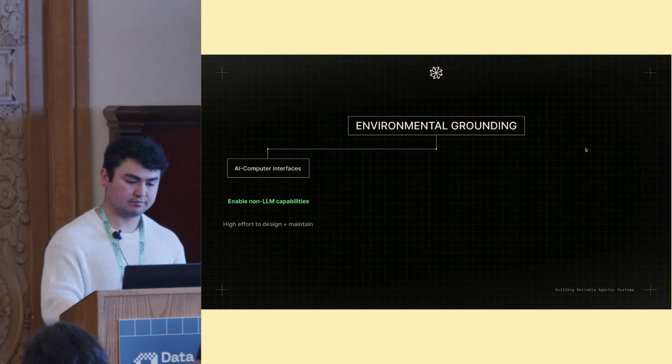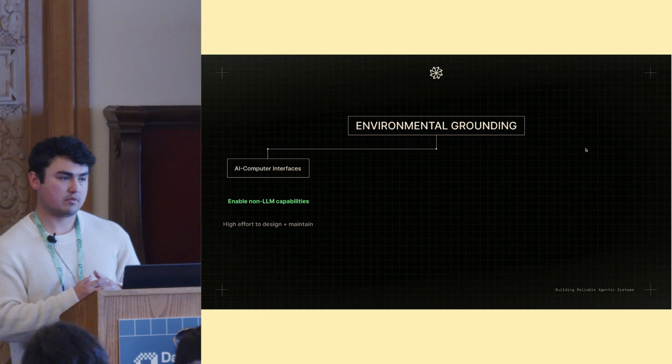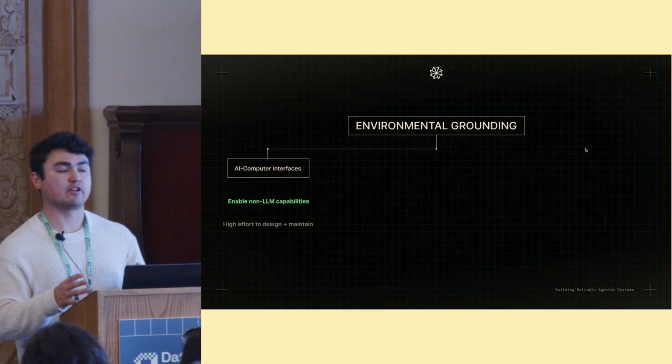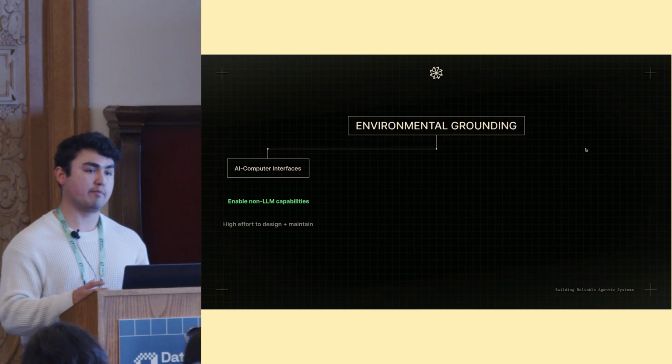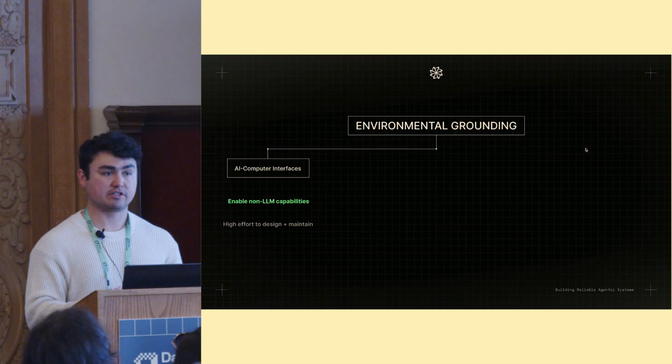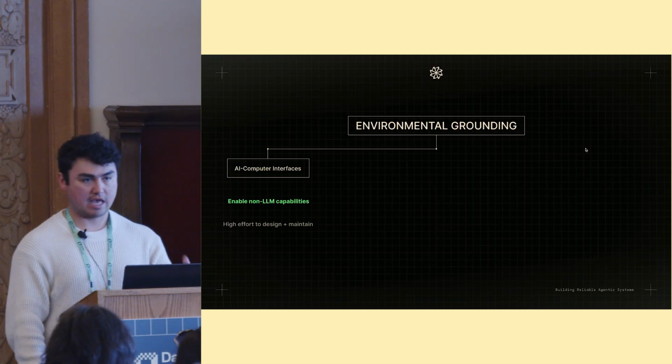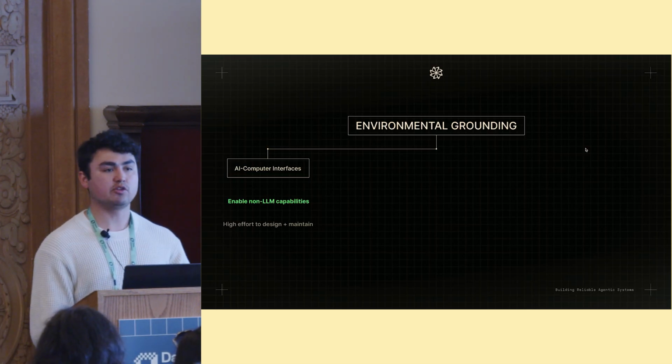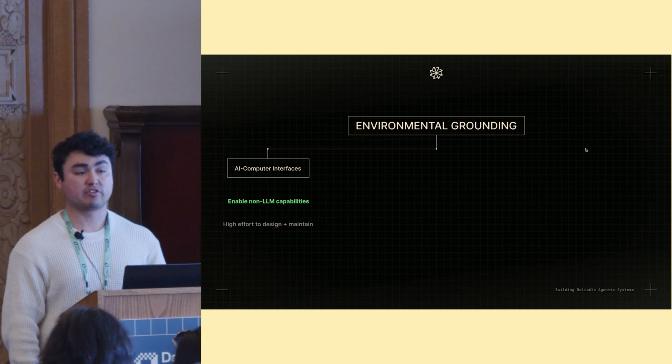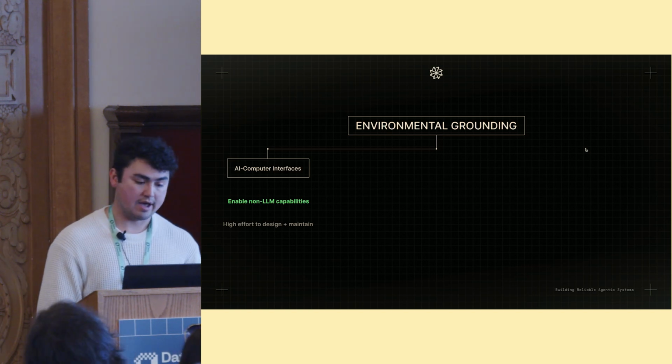Environmental grounding. This category has grown in importance rapidly over the last 3 to 4 months as LLMs have continuously grown in capabilities.